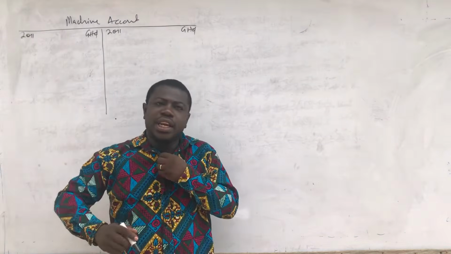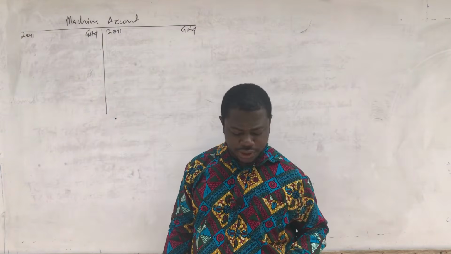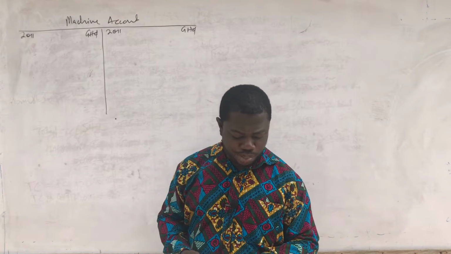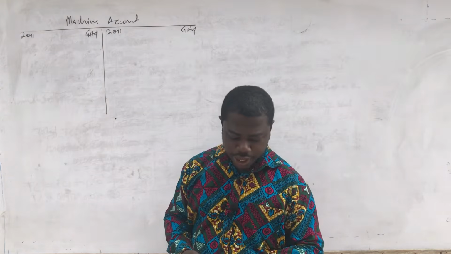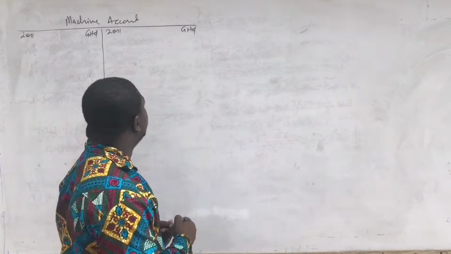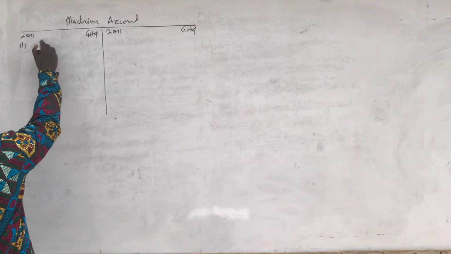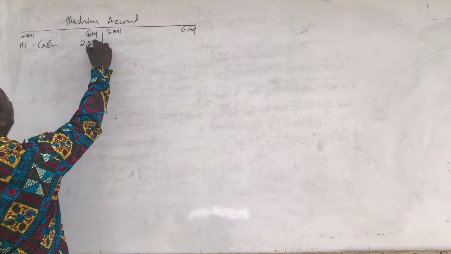Now in 2011, remember our accounting year ends on November 30th. So in 2011 we bought two assets, machine number 1 and machine number 2. Machine number 1 was bought on the 1st of January, by cash, at a price of 2,000.